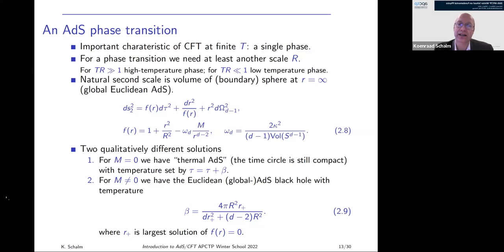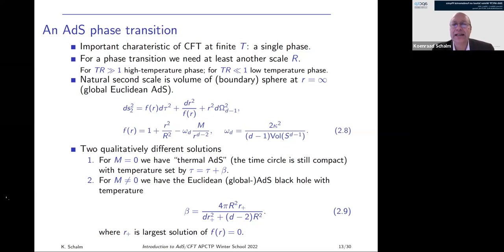Actually, you have the same story again here. If you study it at 0 temperature, it barely knows about it because it doesn't know about a scale. But at finite temperature, it will absolutely know about the fact that it's living on this sphere. And that is what we will show now, but we won't show it from the CFT perspective. We will show it through the ADS computation.